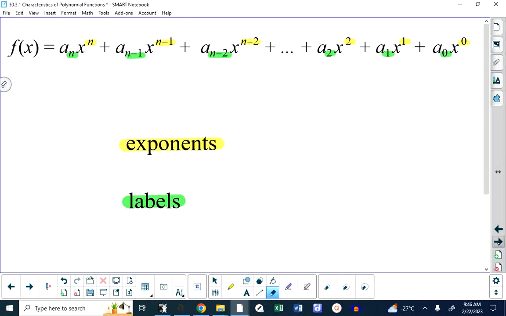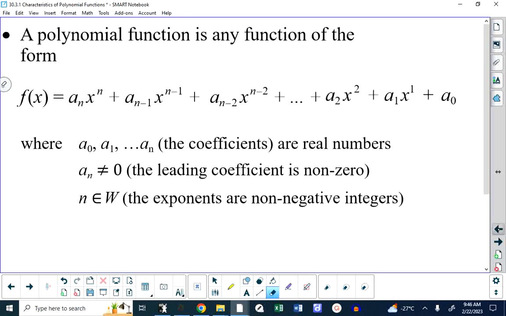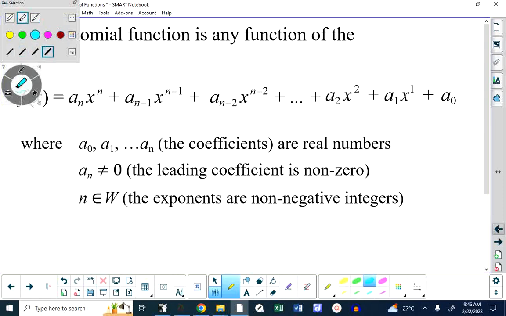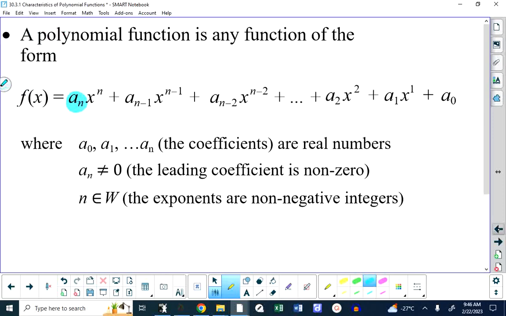But the reason why I'm telling you that this coefficient here cannot be 0, well, that coefficient is what's called the leading coefficient. It's the coefficient that leads the pack. It's the coefficient of the term with the highest exponent on x. If that coefficient is 0, then guess what?